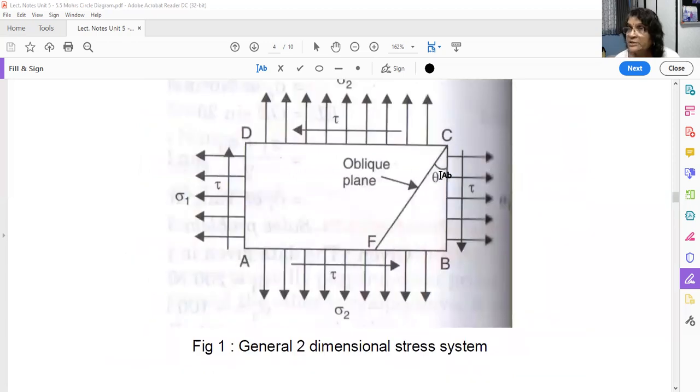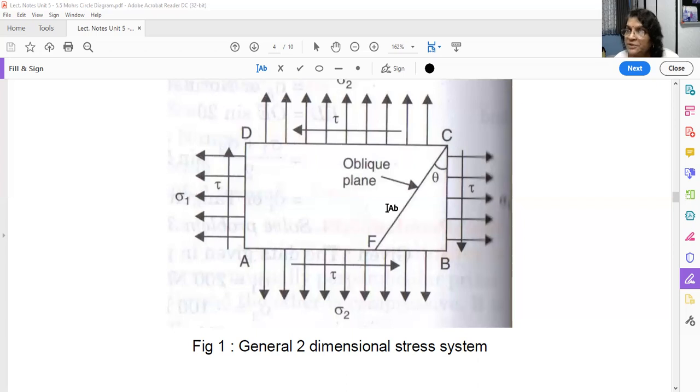You know there is a 2 theta angle in all the formulae, so in Mohr's circle, the angle is always drawn double. Why? The stresses represented by this point are sigma 1 and tau, and the stresses represented on CD are sigma 2 and tau. This angle is 90 degrees, so in the Mohr circle it will be represented by 180 degrees. So now I want to find the stresses on FC, which makes angle theta with BC.